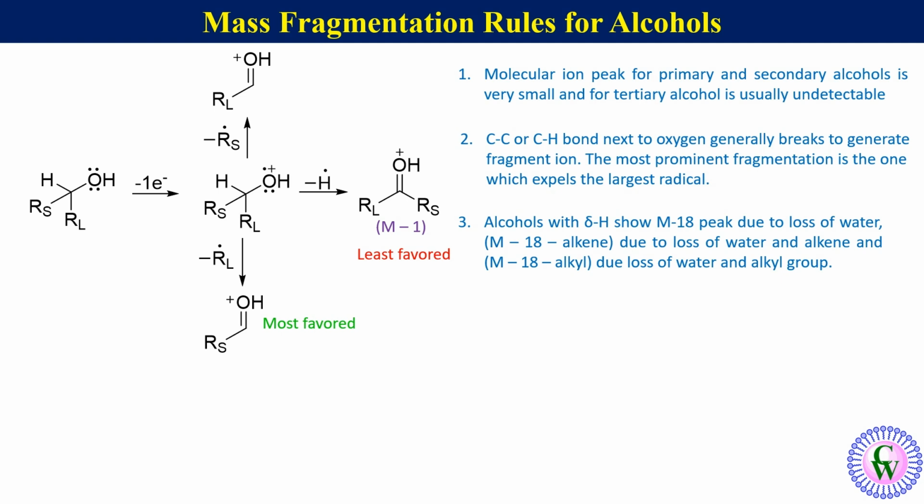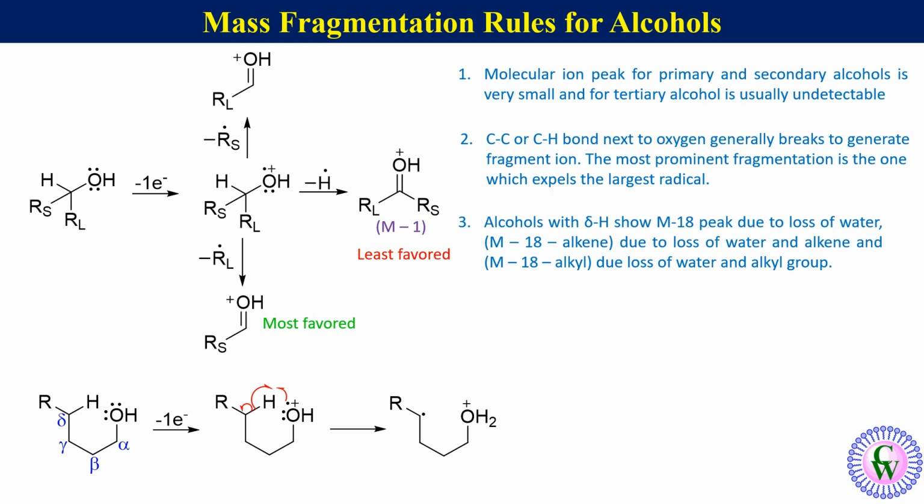For better understanding, let's have alcohol with delta hydrogen. Elimination of one non-bonding electron gives molecular ion. Delta hydrogen abstraction gives another radical cation. Elimination of water molecule gives radical carbocation that corresponds to M-18 fragment.